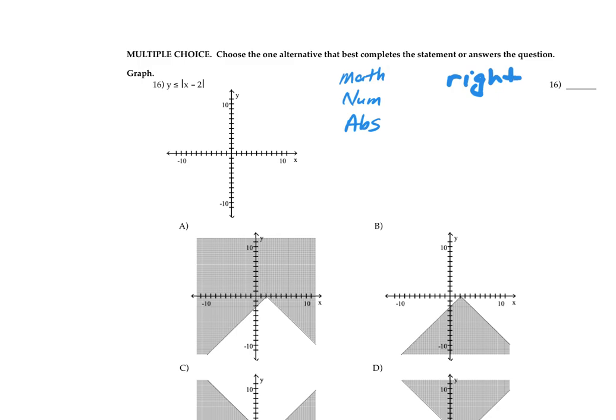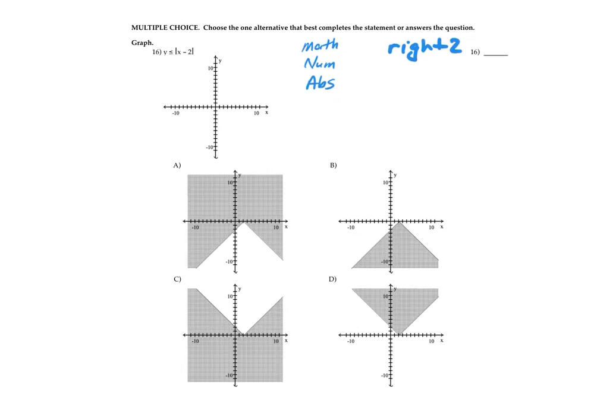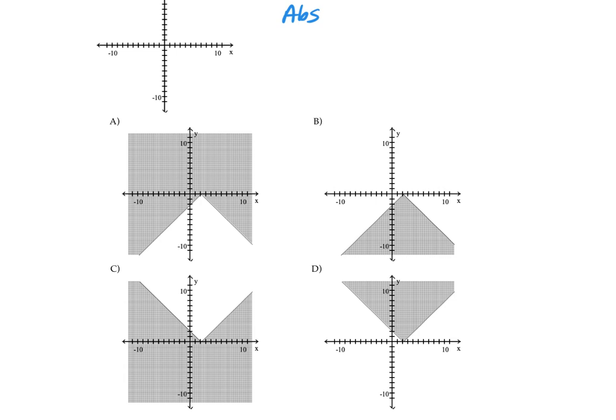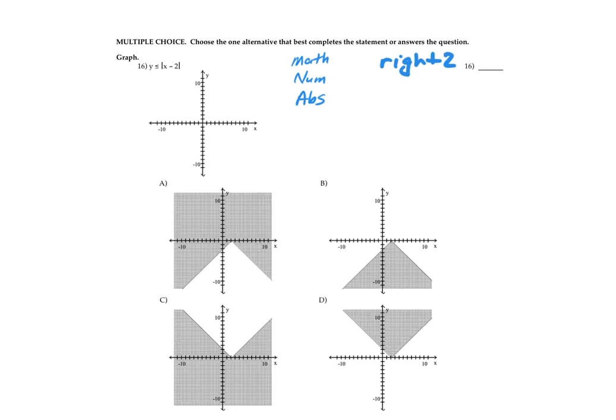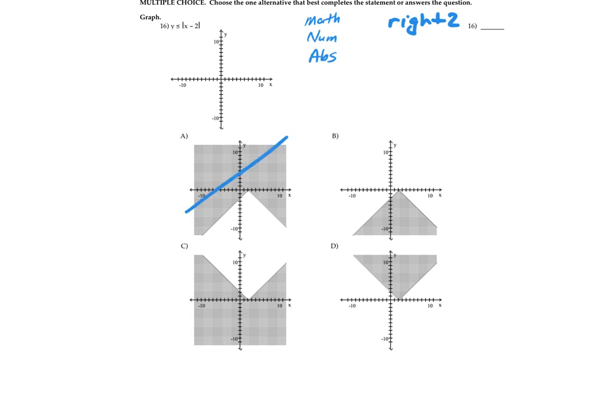The bad thing here is all of those graphs have moved right 2. This is just a multiple choice question. Then I've got to decide, should the graph open up or should the graph open down? Well, there's no negative out in front. If there's a negative out in front, then we're going to flip it upside down. Okay, so immediately I can eliminate A and B. Those two are gone because those open down.